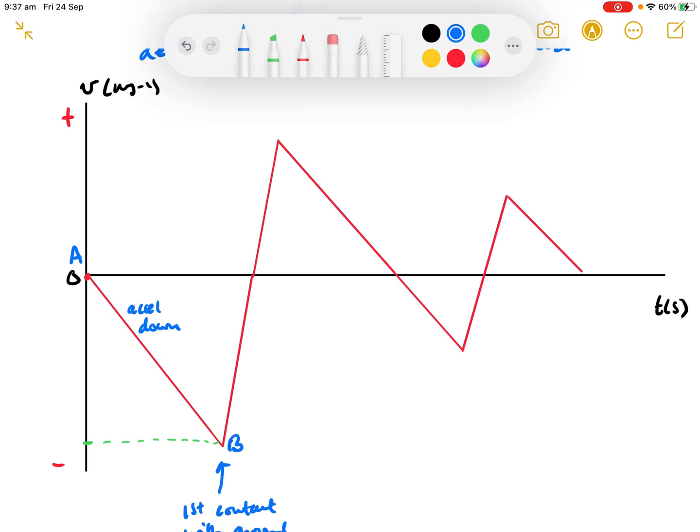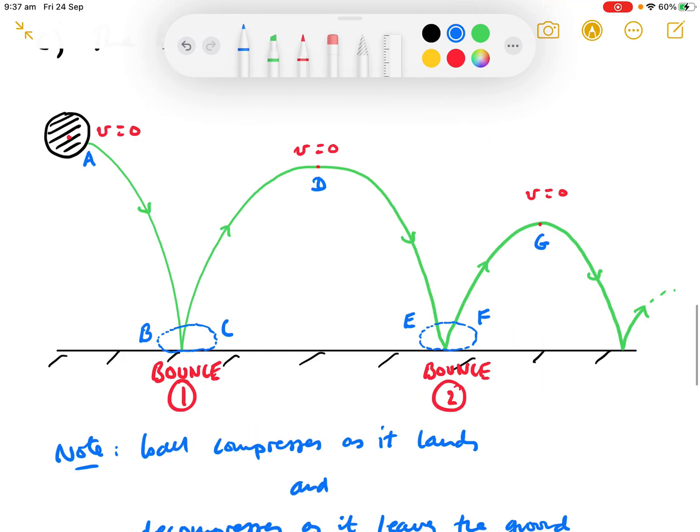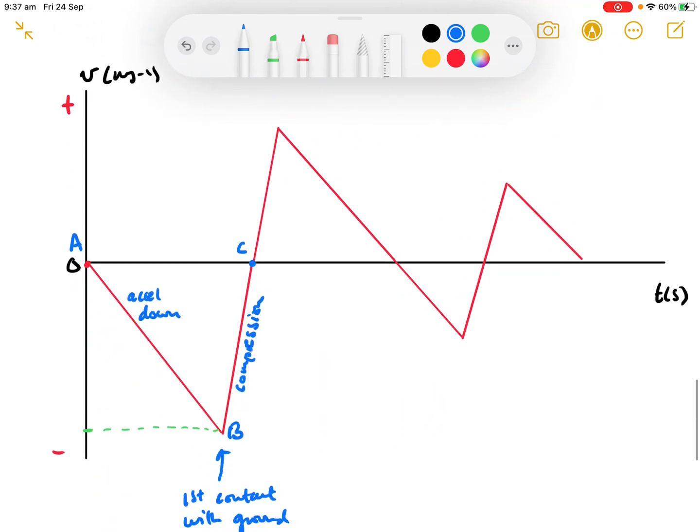This section is the compression. I'm going to write that sideways. And the compression takes place between B and C. No, I beg your pardon. We said C was when it leaves the ground, so that's actually C up there.